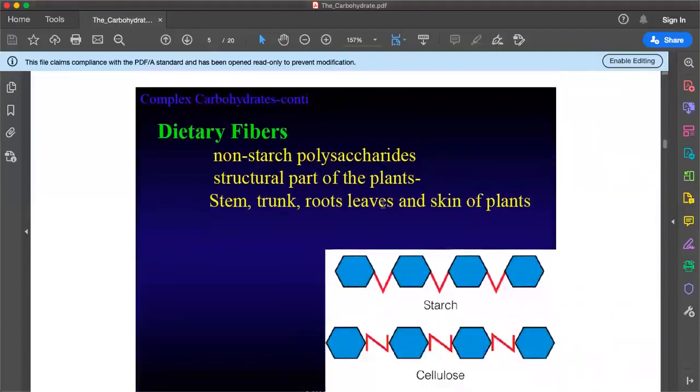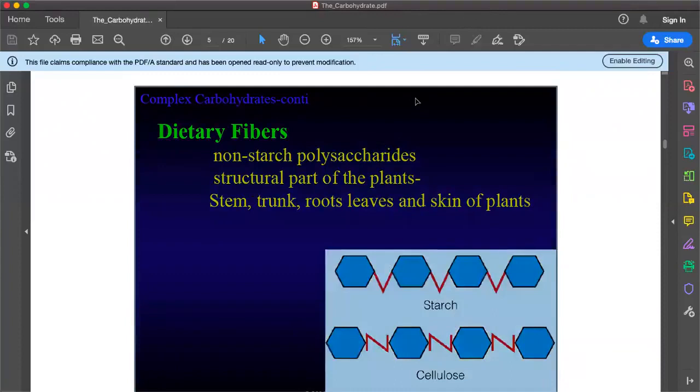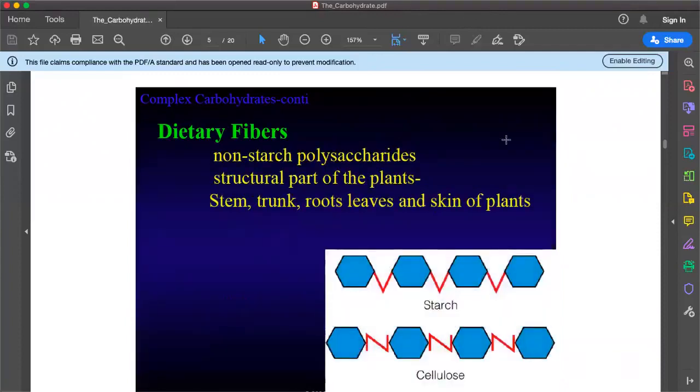So let's talk about the second most important part of this lecture, fibers, which have tremendous health benefits.